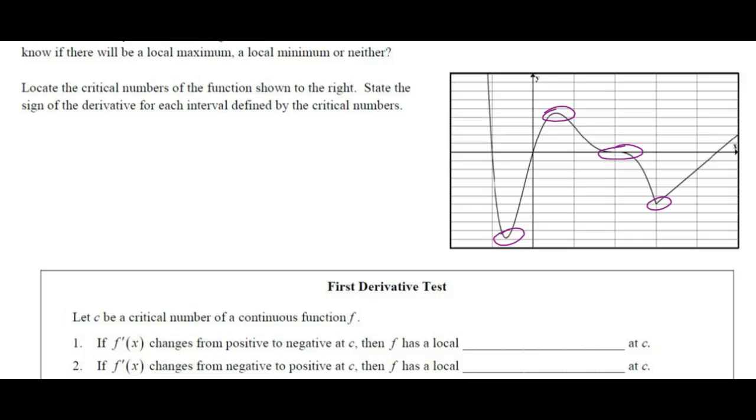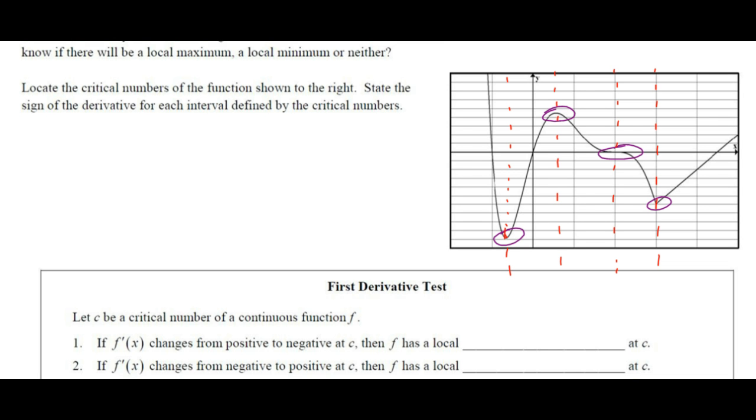And what we want to do is state the sign of the derivative for each interval defined by the critical numbers. Okay, so now we've got these intervals, so I suppose I should divide this into intervals. And state, so what's the first derivative in this interval to the left of here?